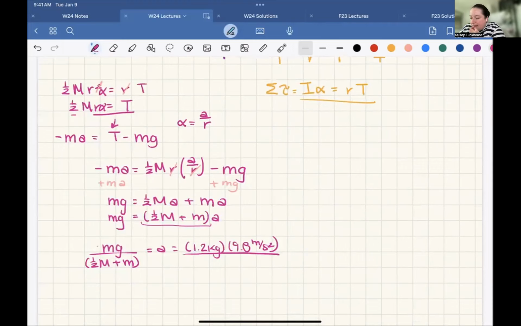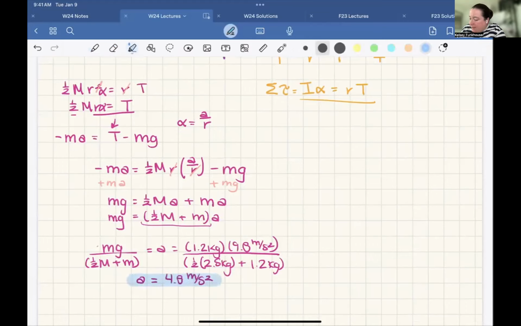And then the other mass is 2.5 kilograms, and plus 1.2 kilograms. And so this gives us an acceleration of 4.8 meters per second squared. So that is the acceleration.